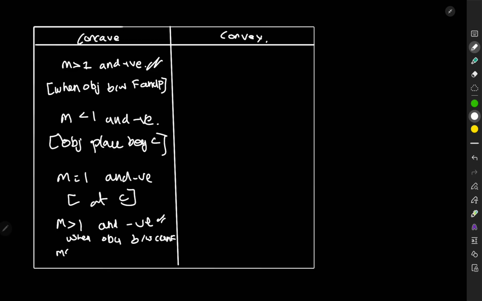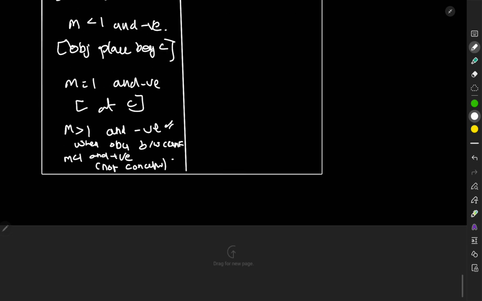When m is greater than 1 and positive, that is object between f and p. When m is lesser than 1 and positive, this is not possible in concave. This case will come in convex, and that will be the only case in convex: m is positive and lesser than 1. Fine. Moving further.